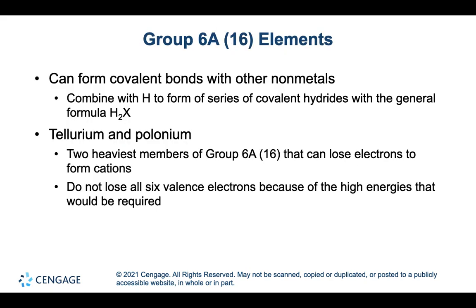Typically they're going to form covalent bonds with stuff like hydrogen and halogens. Your heaviest of these group 6 are going to have some metallic properties and lose electrons to form cations, but they're typically not going to lose all 6. So maybe they lose 2 electrons or 4 to make +2 or +4 ions, but not 6.